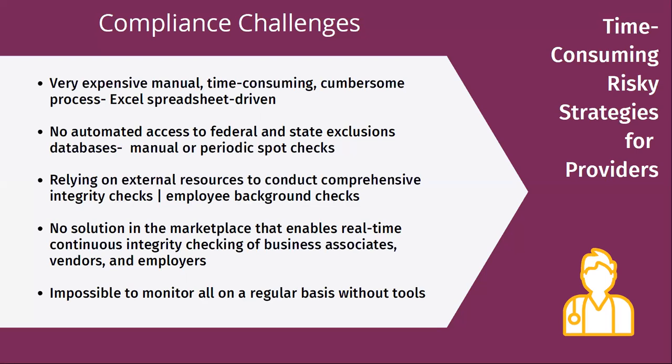So it's a difficult process to be consistent with. It's often done on spreadsheets. There's really not what I would call automated access to federal and state exclusion databases. You're either doing that manually or periodically checking these, or have a process in place to do that, which is good if you do. A couple of the folks that responded to the last poll indicated that you sometimes rely on third-party sources to do those checks for you.